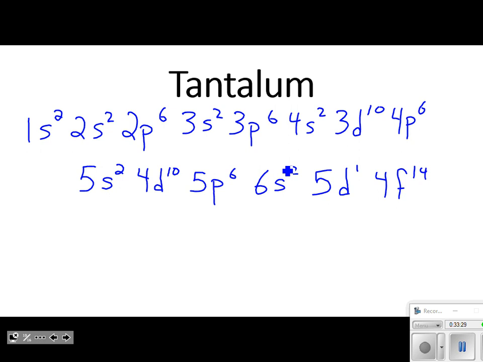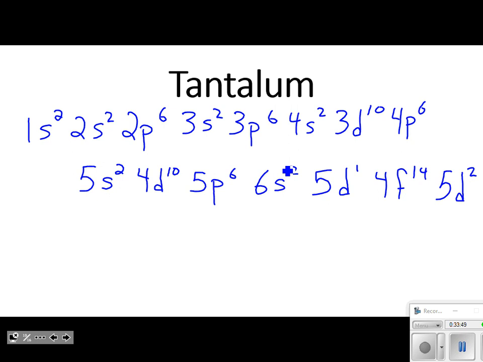So I'm jumping back up where? What block? Back up to the 5D block. Now, tantalum is element number 73. So I come back to the 5D. I have 2 more.